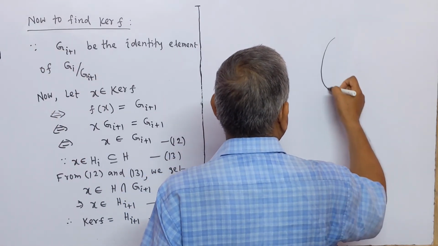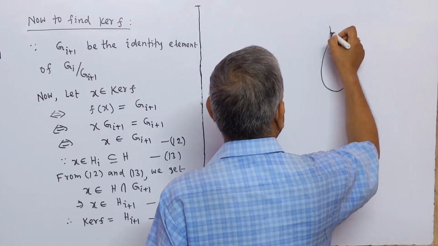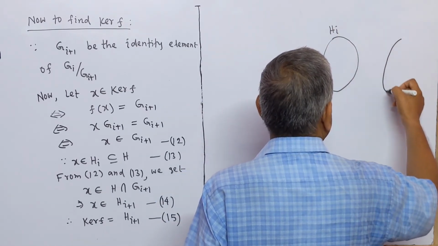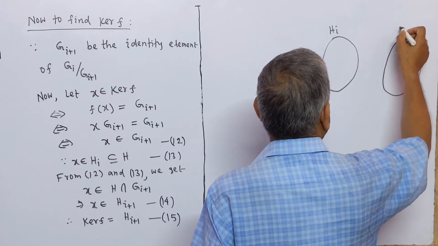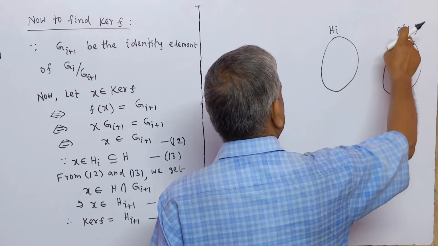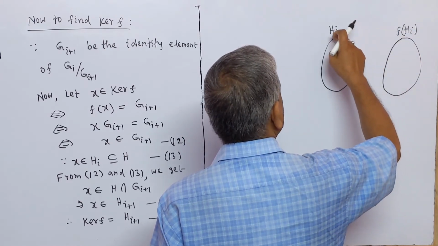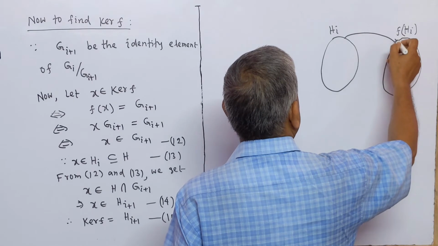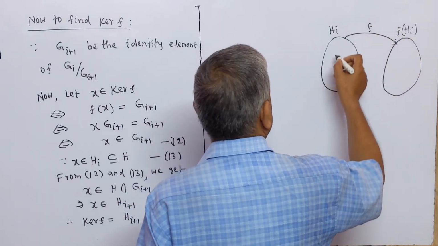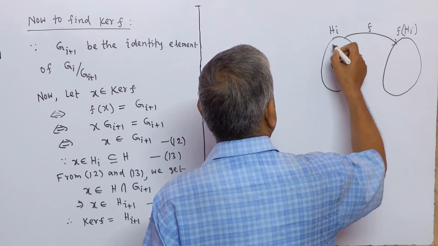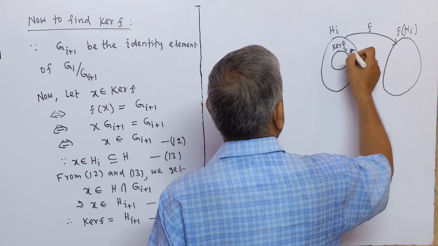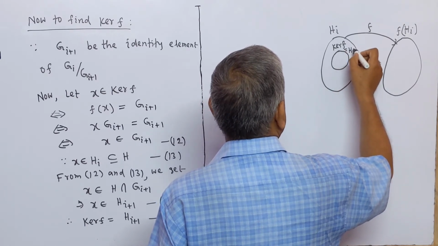Now let this be Hi and let this be f(Hi), which means the collection of all images of Hi. Here kernel of f equal to Hi plus 1.